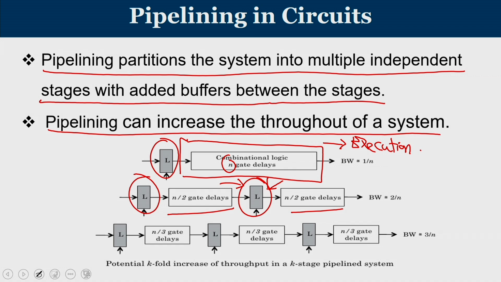When the second unit is taking care of the operation, when this unit is busy doing the operation, the first unit is ideally free. It can take up a new task.